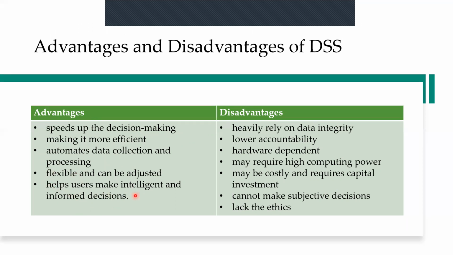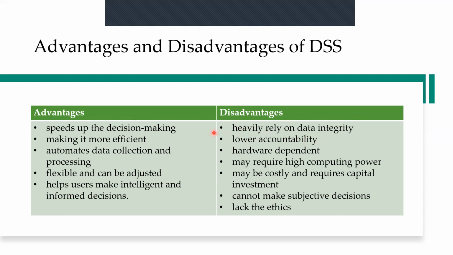This is the best advantage in my opinion: it helps the user make intelligent and informed decisions. But there are limitations. DSS heavily relies on the integrity of the data. The data has to be accurate and good so that the results would also be accurate and good.